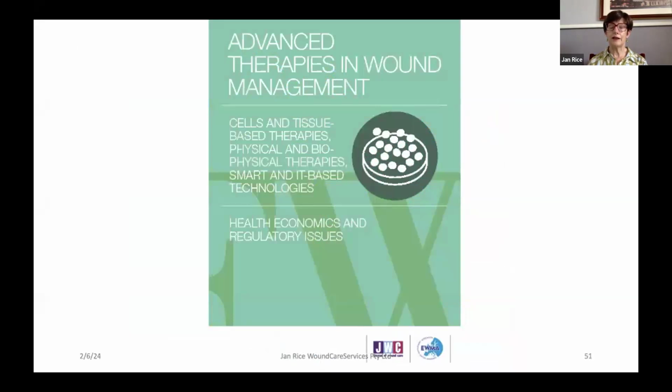Then there's a meeting on this in a few days' time, on new modalities: cells and tissue-based therapies, physical and biophysical therapies, smart and IT-based technologies, and then the health economics of these. So you all know that eventually we probably will be doing an awful lot on our mobile phones, and the mobile phone will be alerting us that the temperature of that wound has increased, or the dressing is leaking, you need to replace it. So these technologies are advancing rapidly.